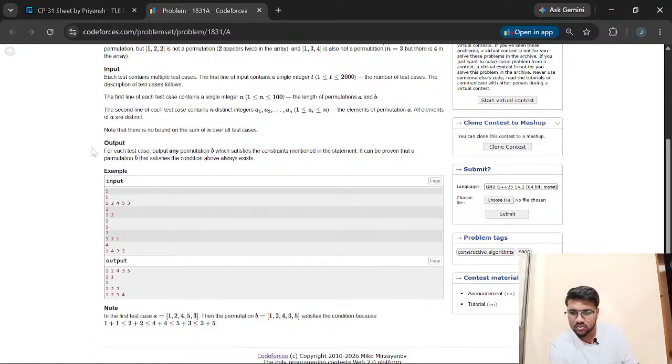First, if we saw it, we want to change this side. What was another example? One, two, four, five, three. Let's take one, three, two, one, three.